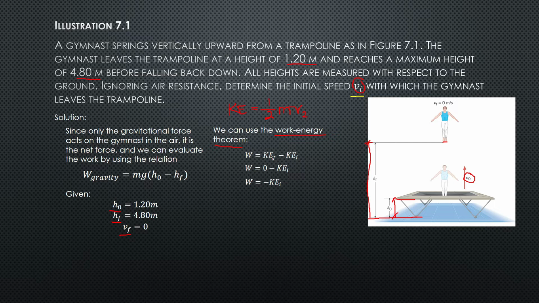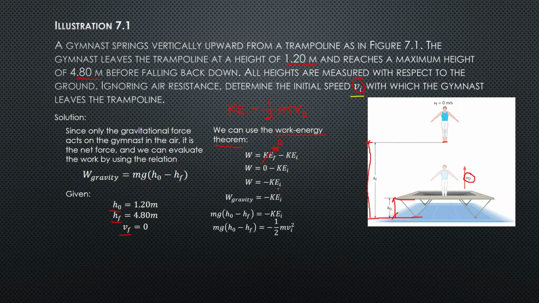Final kinetic energy gives you a velocity of 0 at final position. So 1/2 multiplied by its mass multiplied by 0 gives you 0, minus initial kinetic energy. So we could say that the work done is negative initial kinetic energy.